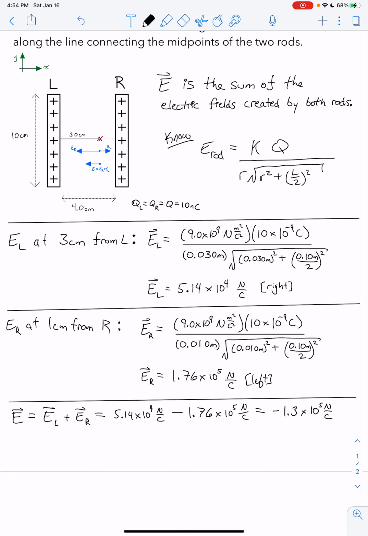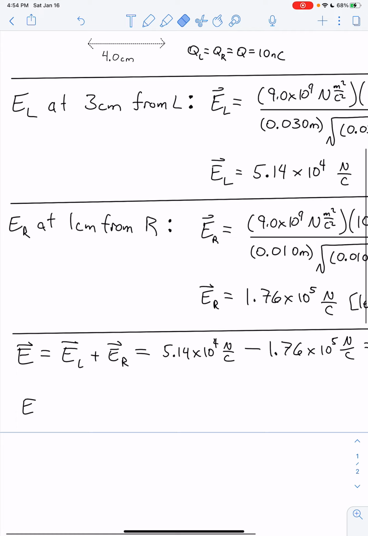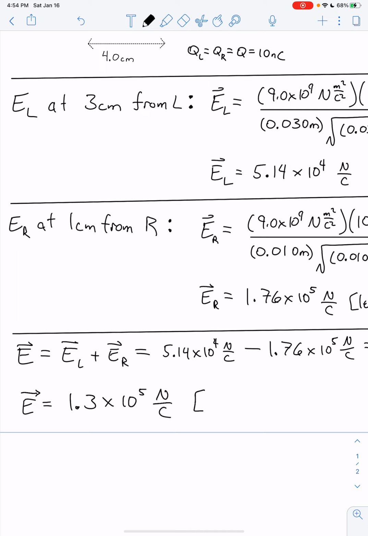I'm going to rewrite this as saying the electric field, that was a terrible arrow, is 1.3 times 10 to the 5 newtons per coulomb to the left.